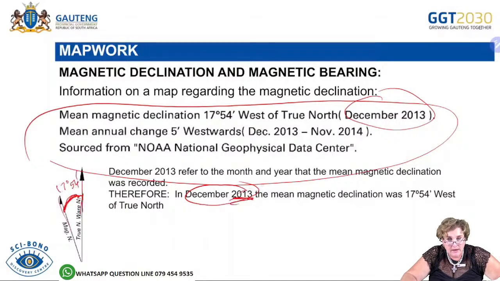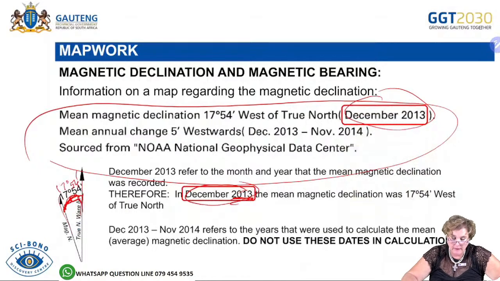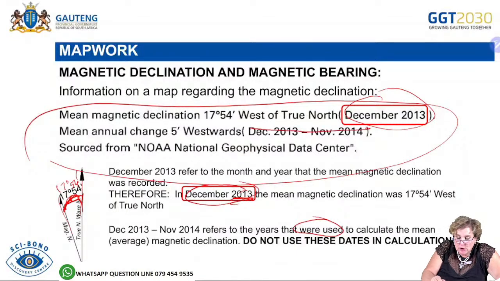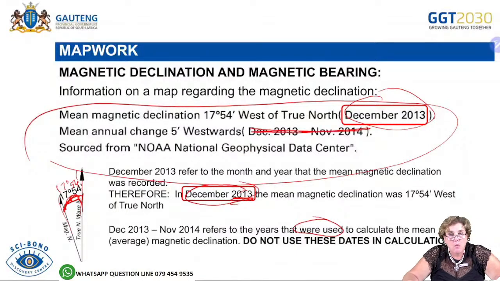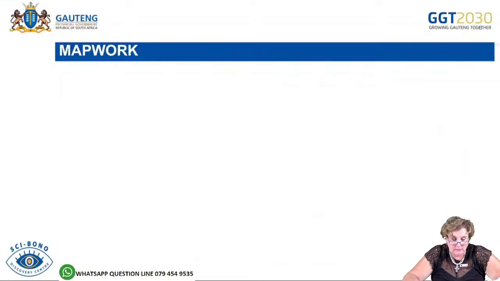It's very obvious that in 2024 it will not be the same. Therefore, we need to calculate what it is today. 2013 refers to the year that was used to calculate the mean magnetic declination. We don't use those dates when we determine magnetic declination.